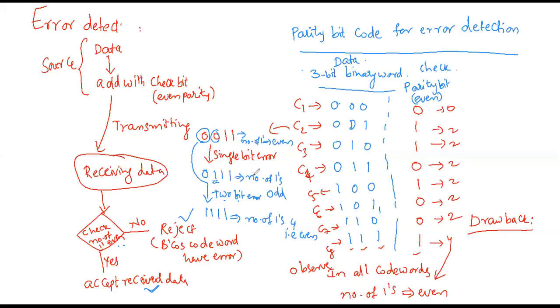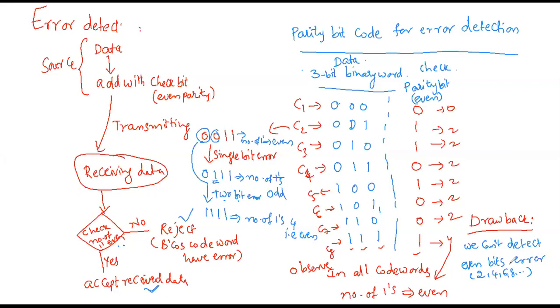So the drawback is we can't detect even bit errors, meaning 2, 4, 6, 8 bits. We can't detect even bits error using parity bit code error detection.